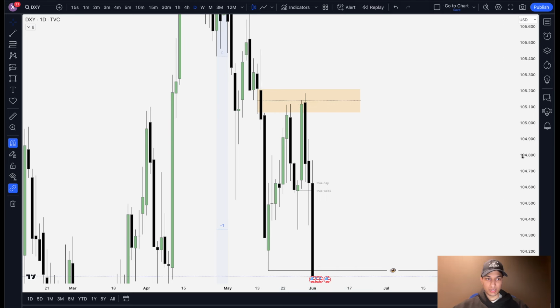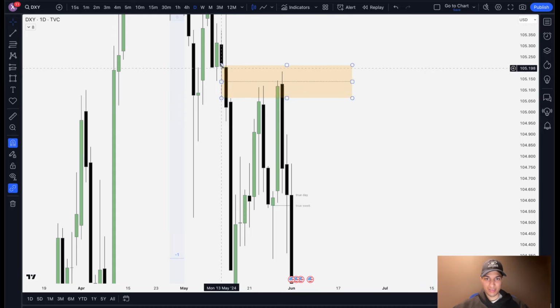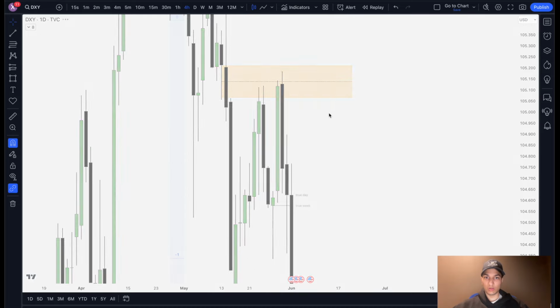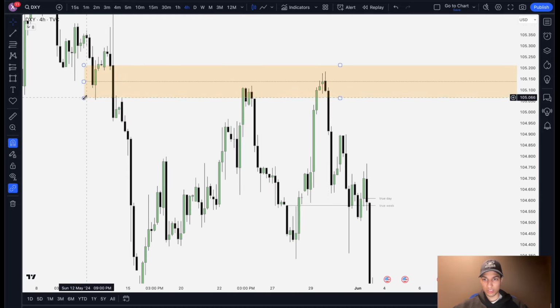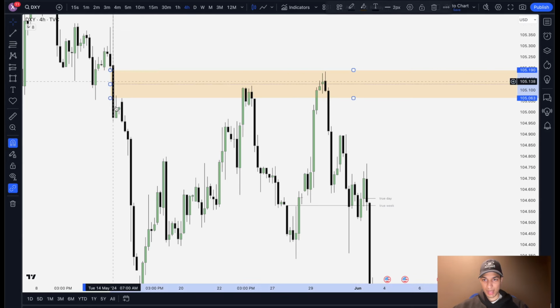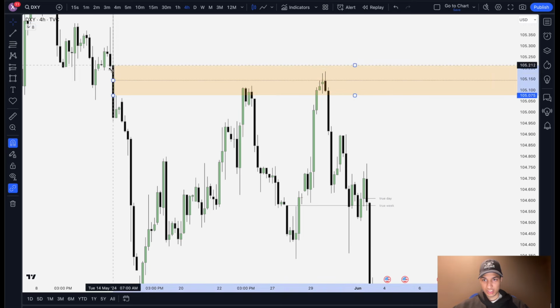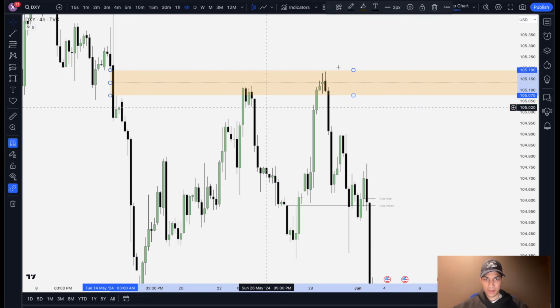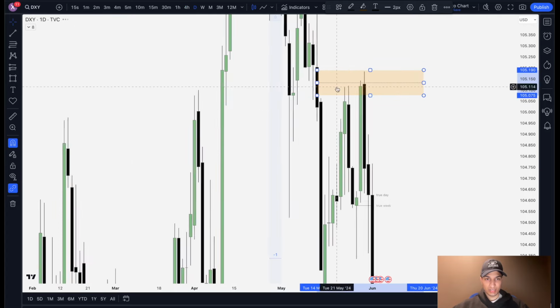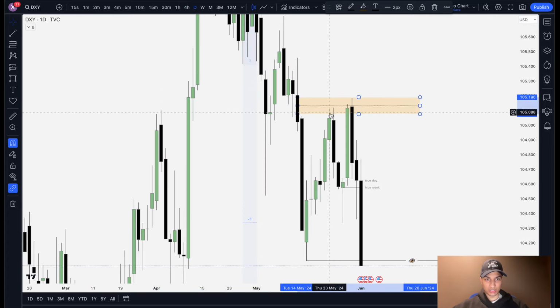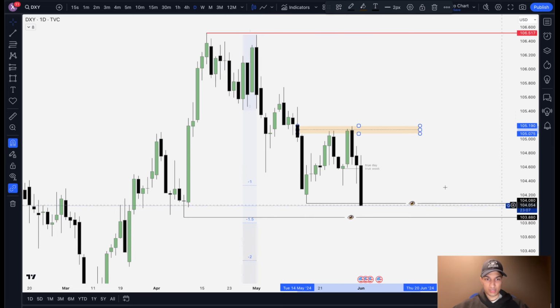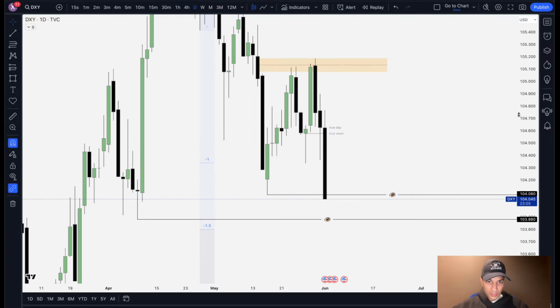If we also draw out the consequent encroachment of this RDRB, or if we refine that down to the 4-hour inefficiency which it overlaps with, which is this 4-hour fair value gap, we can see that price is showing an unwillingness to close above it, and instead offering a 3 drives like pattern. Progressively digging in higher once and twice, so 2 distinct drives, before selling off.